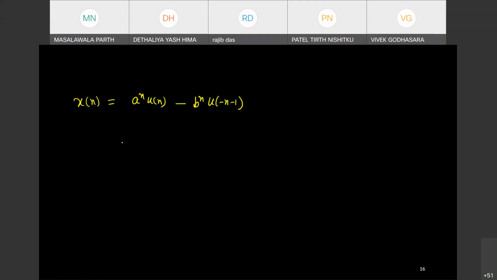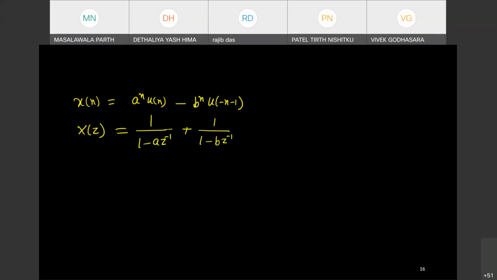Right? So what is your X(z)? Can you calculate? So it will be 1 upon 1 minus a z to the power minus 1. And this one, what is the z transform? Again the same form, including minus sign. Be careful. So this is again plus sign. It's 1 upon 1 minus b z to the power minus 1.